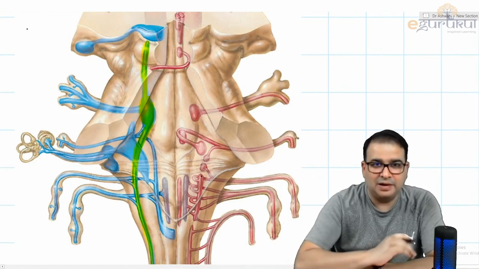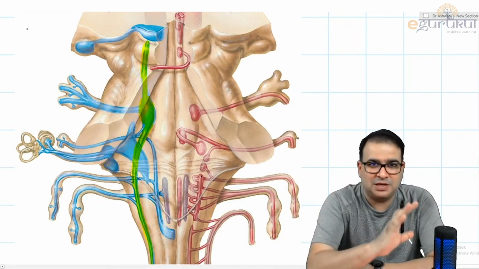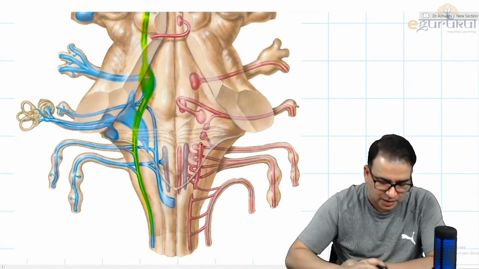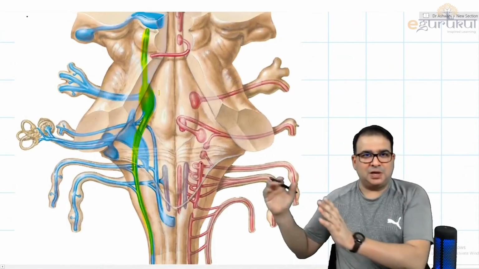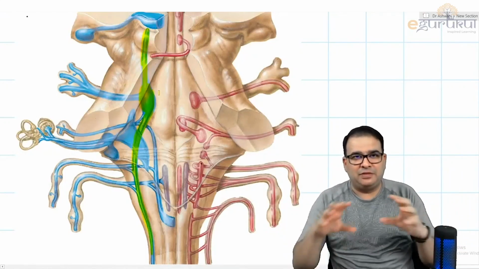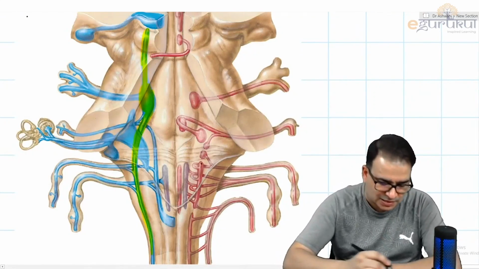So whatever I highlighted here is the sensory nucleus of the trigeminal nerve. You can see the trigeminal nerve actually is coming inside. In this picture, blue color shows the sensory nucleus, and red shows the motor nucleus. Obviously we have both present on both sides, but just to make it a little simpler.